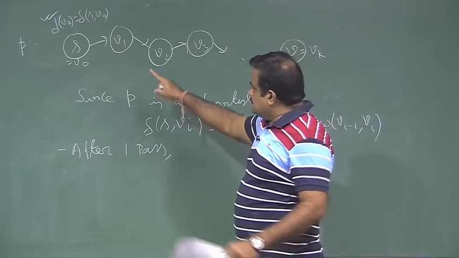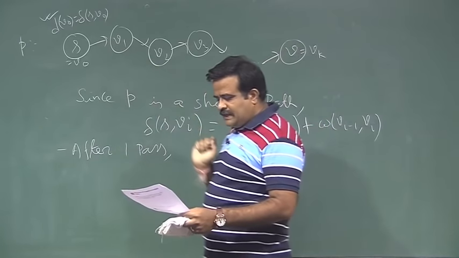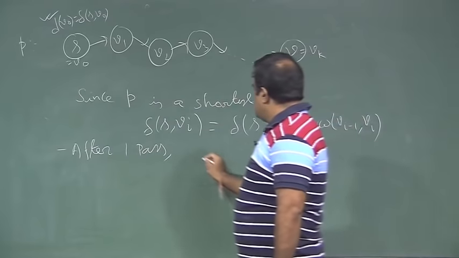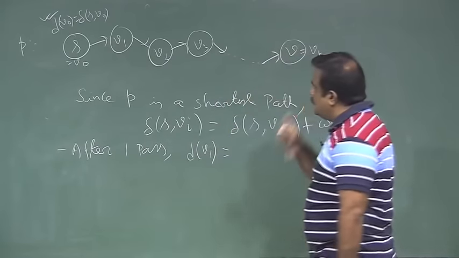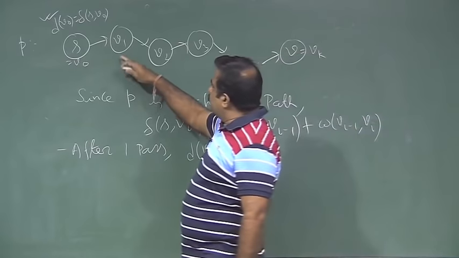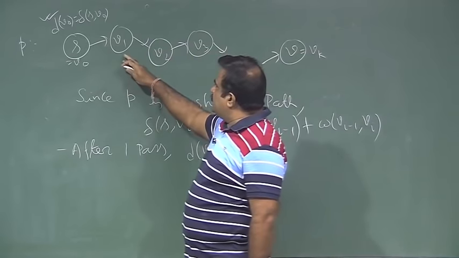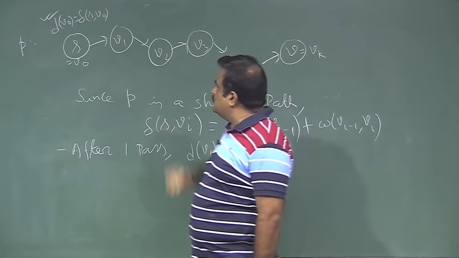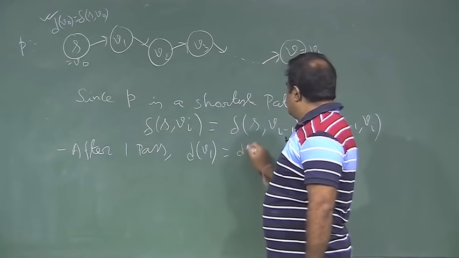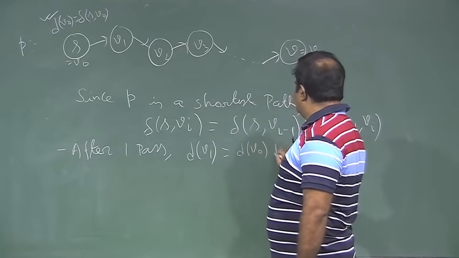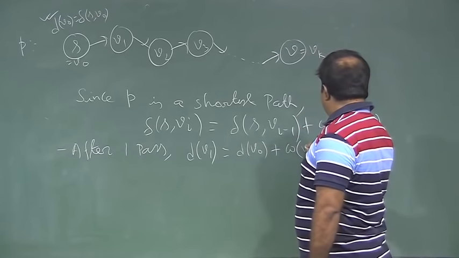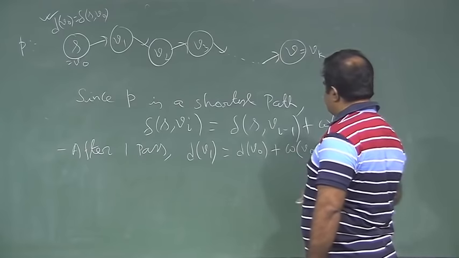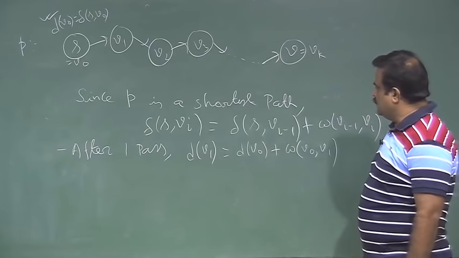So, once this edge comes, what will happen? The d of v will change, because everything is initialized by infinity. So, degree of v1 will change to d of v0 plus w of v0 v1. Okay.